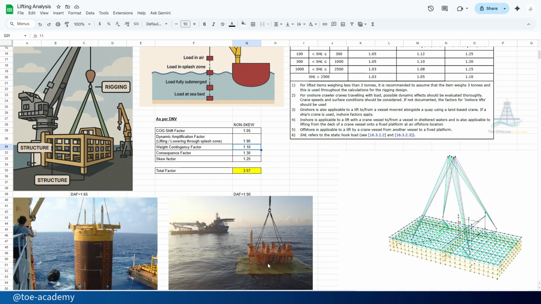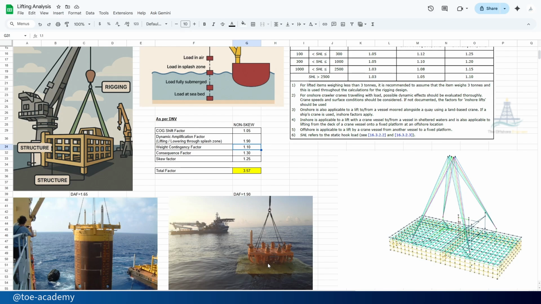If you are in an early engineering stage, maybe you can consider a very conservative 20%. Coming to the detailed stage, we can consider 10%, and if you are very close to the as-built stage, we can consider maybe 5%. So it all depends, but understand what the weight contingency factor is.